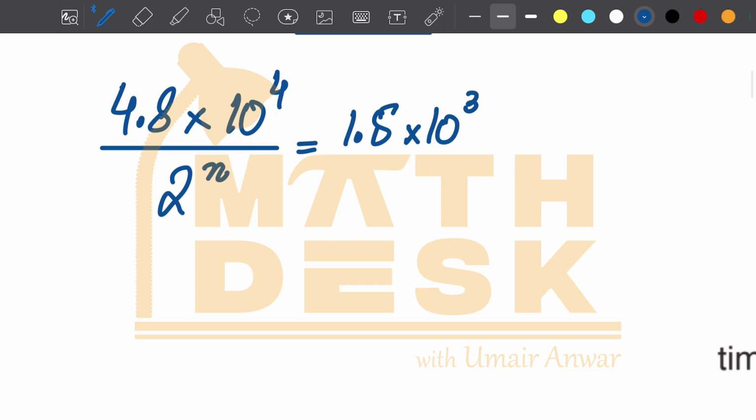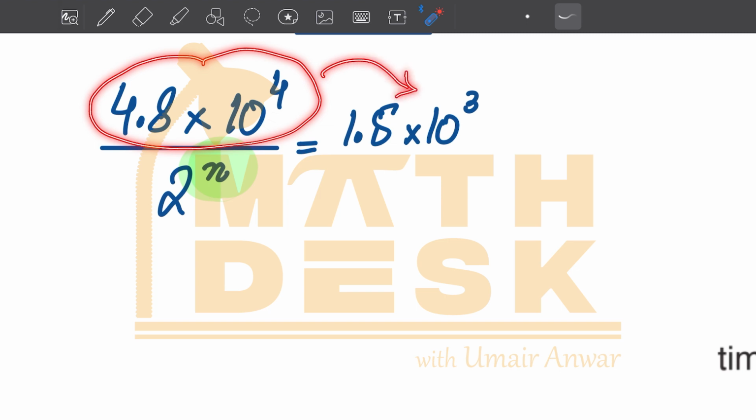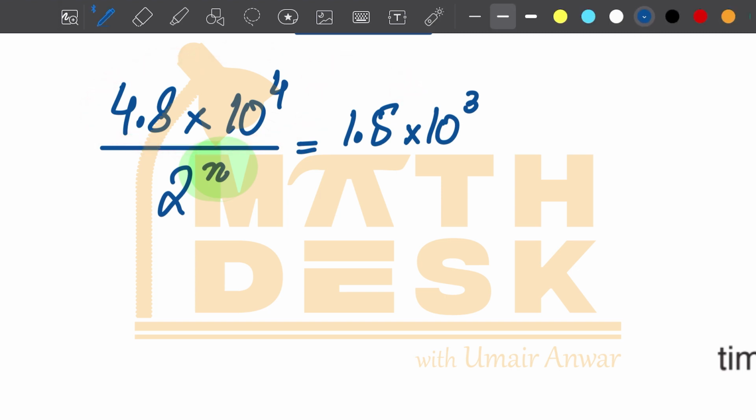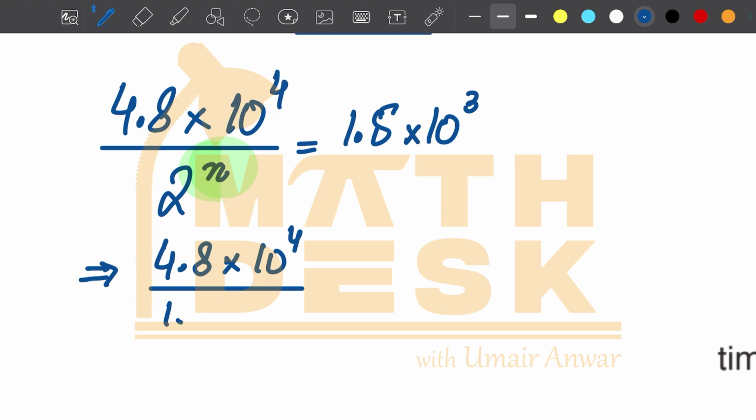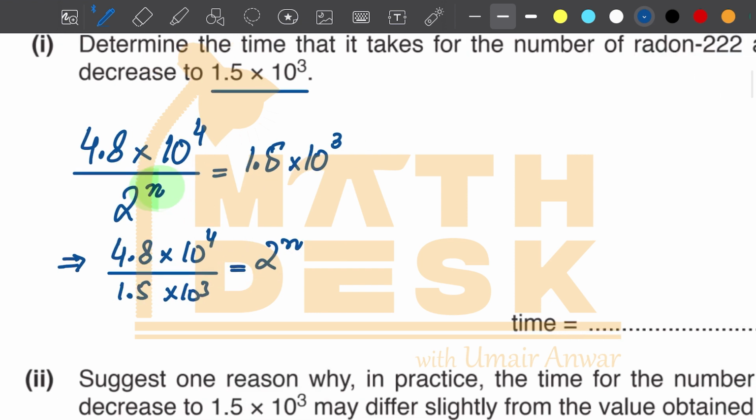Now this n here represents the number of half-lives which would be required in this case for this many particles, 4.8 × 10^4, to decrease to this number. Now if we try to find the value of n here, 4.8 × 10^4 would get divided by 1.5 × 10^3, and the answer should be equal to 2^n.